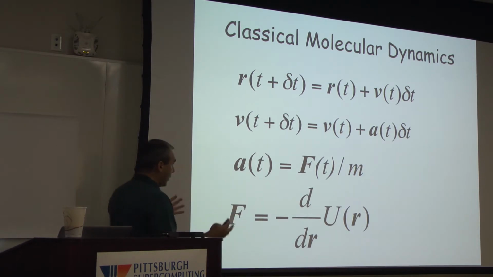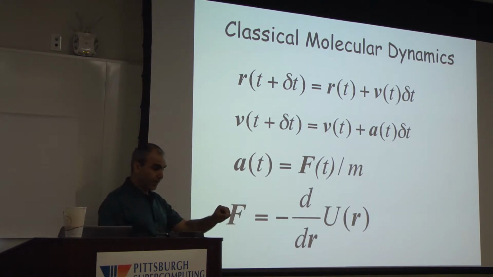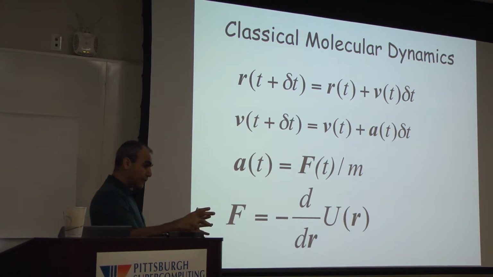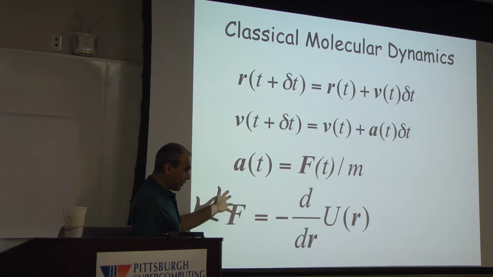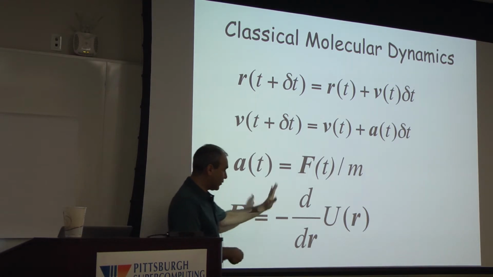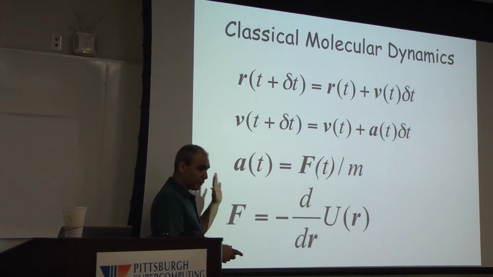So all I need to do, and that's why we call this a force field, is to calculate the force at every time point for all the atoms. Force is a vector. It's difficult to work with it. We do it inside the program, but for our theoretical description, it's much better to define the potential energy, the rules, the interactions between the particles, and then the negative of the first derivative of potential energy would be my force.